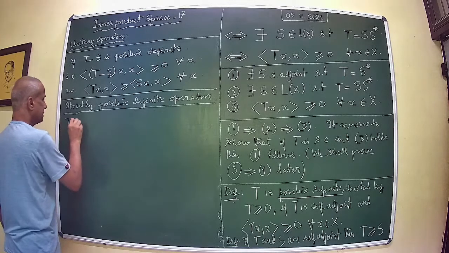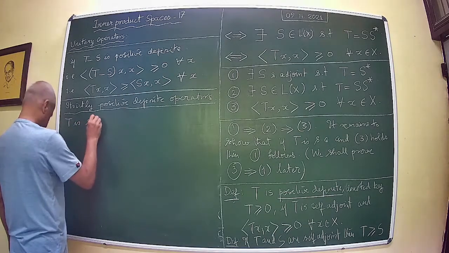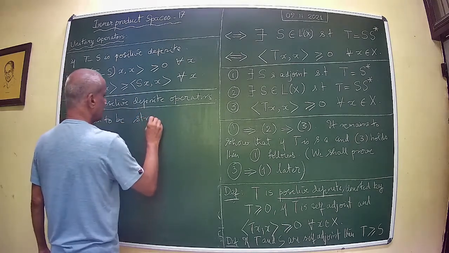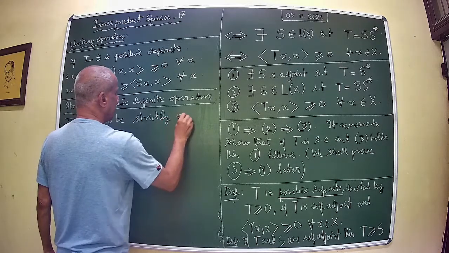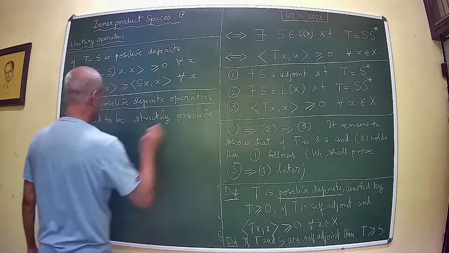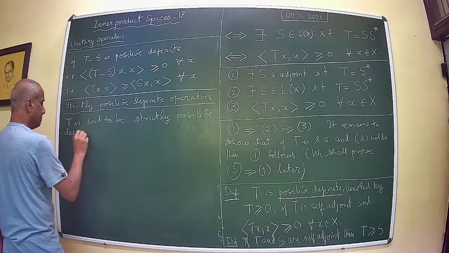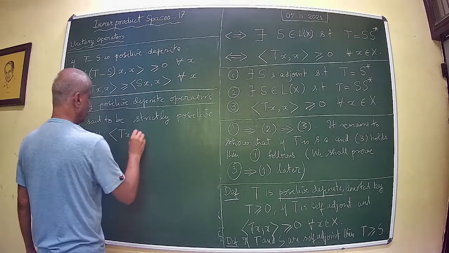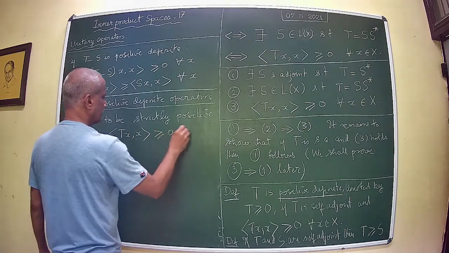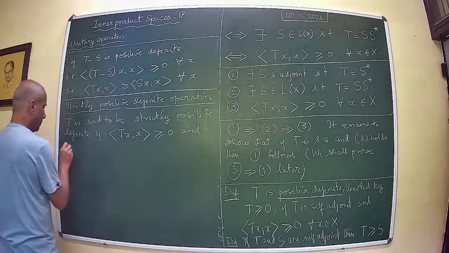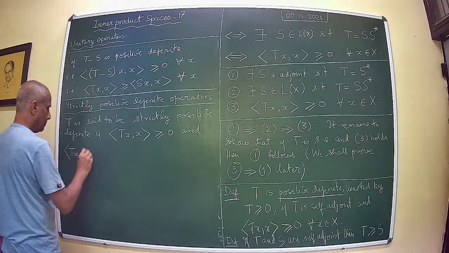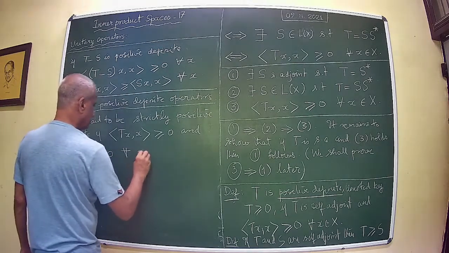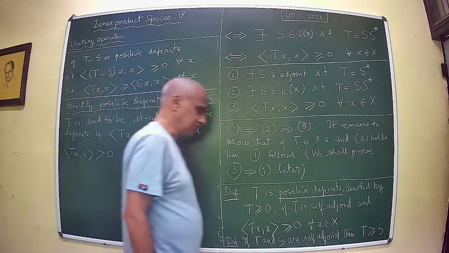T is said to be strictly positive definite if T is self-adjoint and the inner product of Tx, x is greater than 0 for x not equal to 0.